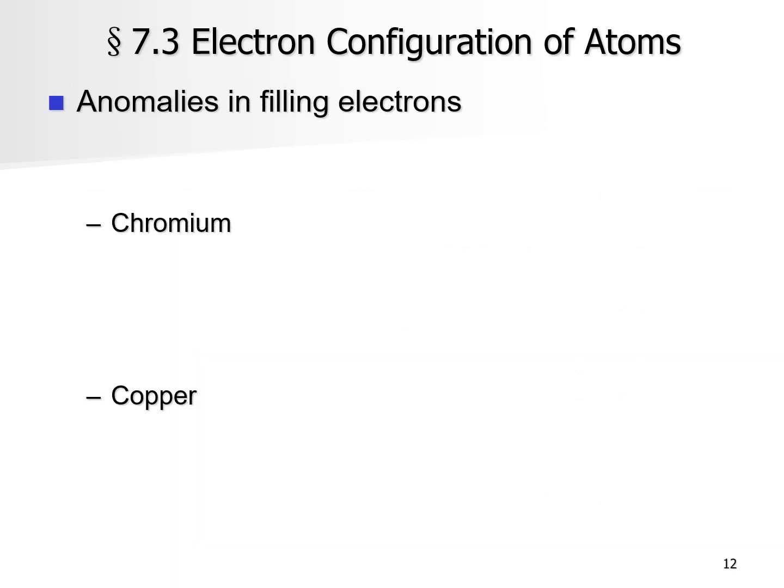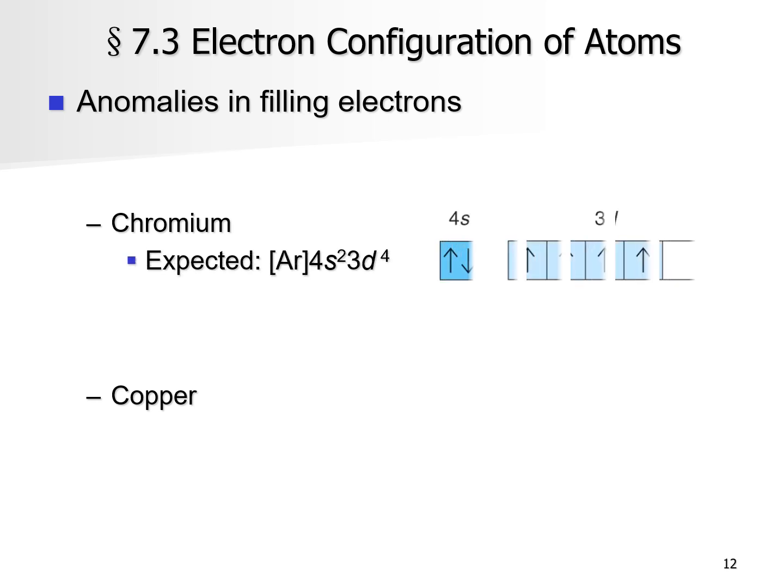The electron configurations for chromium and copper are called anomalies in filling electrons, because according to the Aufbau principle, Pauli exclusion principle, and Hund's rule, what do we expect for chromium to have? An electron configuration of argon core 4s2 3d4.